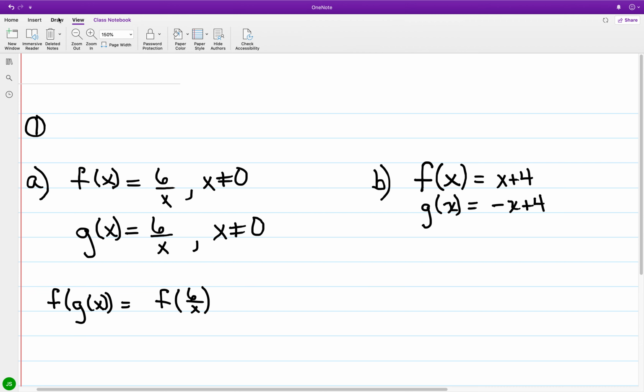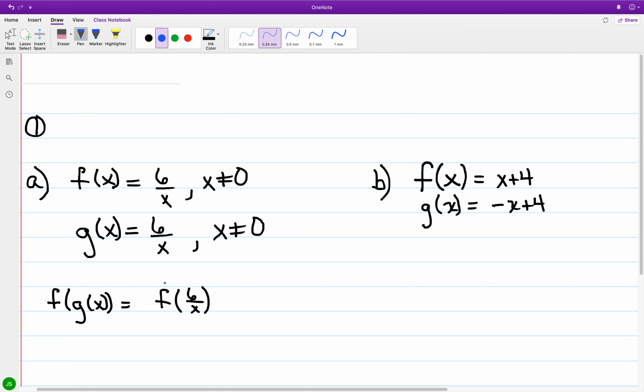Again, we're going to operate in accordance with f of x is equal to 6 over x, so you have f of the input is equal to 6 over the input. Now instead of x, I have the input to be 6 over x. So in terms of following through, we're going to have not 6 over x, but 6 all over 6 over x.